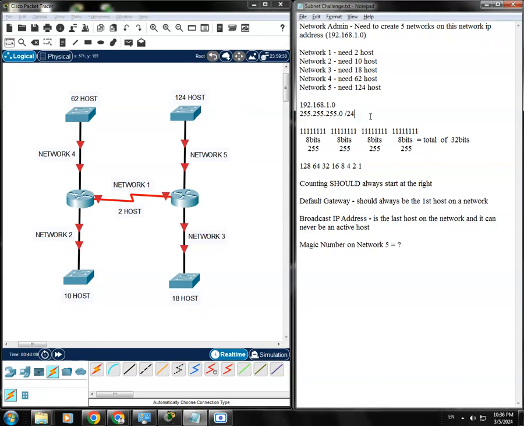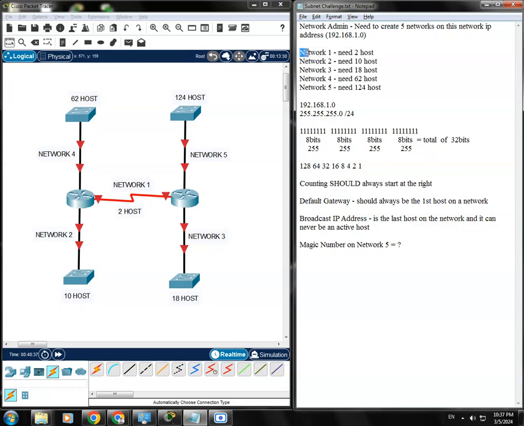So let's say your network administrator wants you to do a job. Your network admin said, "Hey, I want you to create 5 networks using this IP address," and you were given a network.